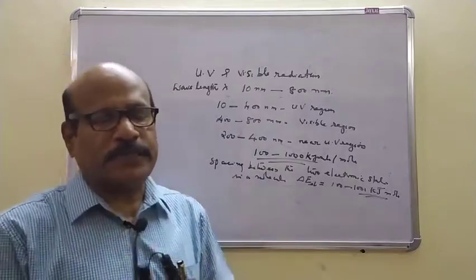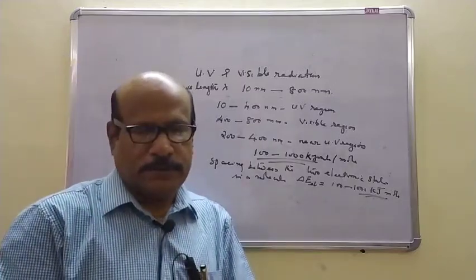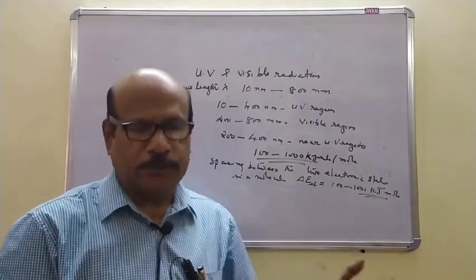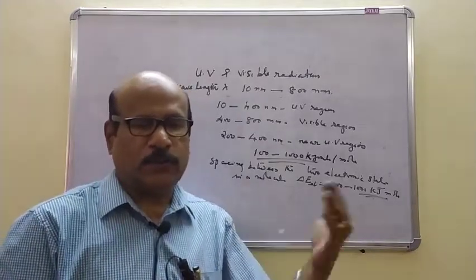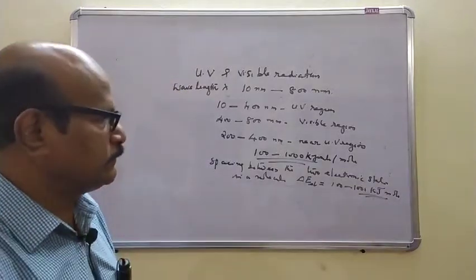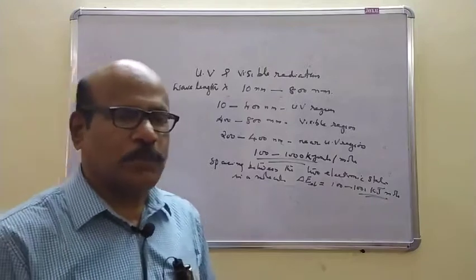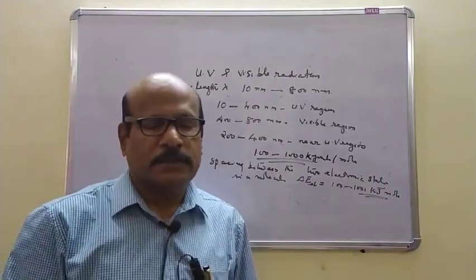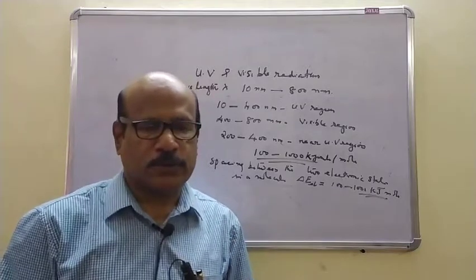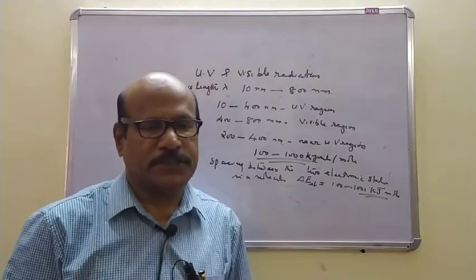So when we expose any molecular system to UV and visible radiation for absorption, it can induce the electronic transition within the molecule. That spectroscopy is called UV visible spectroscopy, or electronic spectroscopy. That's the general definition.